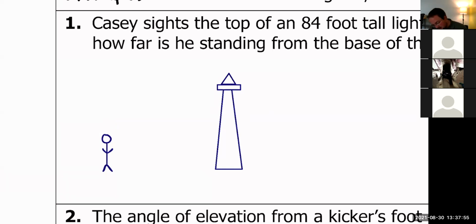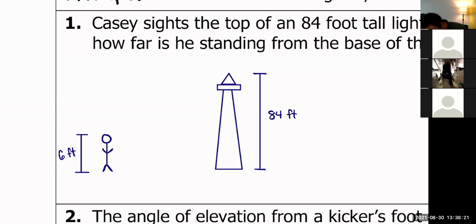But what we have here, the information we're given, is we know for a fact that the height of this lighthouse is 84 feet. We have Casey, which we know is 6 feet.